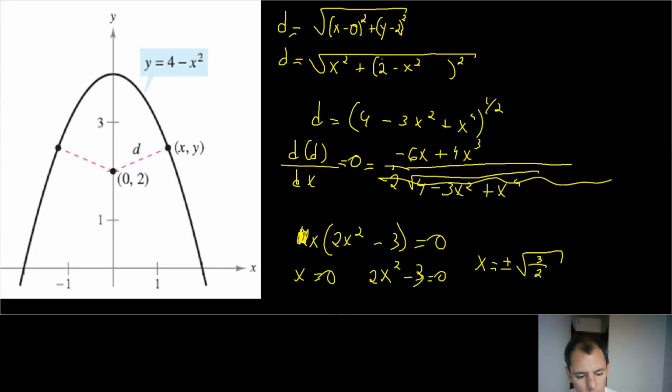Let's see here. If you put x equals 0 in this graph here, when is x equals 0? At this point. So x equals 0, and what's going to be the y?